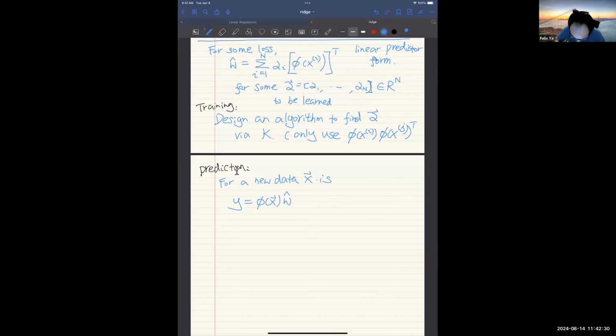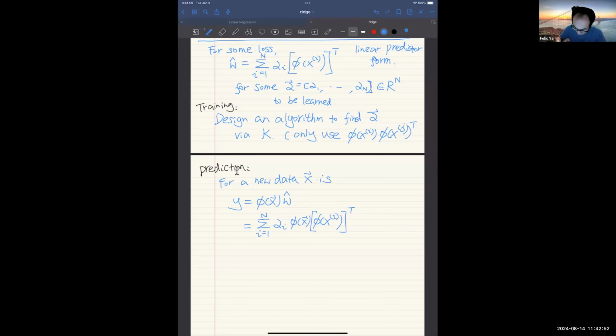Right, so we just plug this in, and we get the summation from 1 to n of alpha i phi of x times phi of x i transpose.